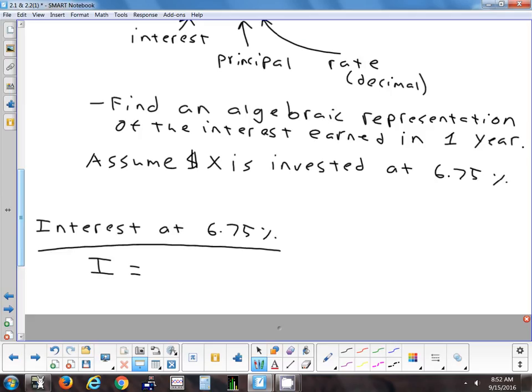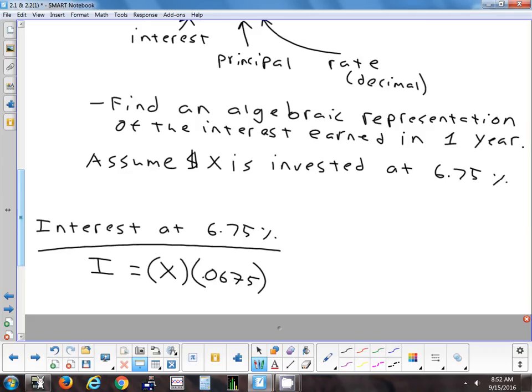The interest Bill is going to earn here is the amount of money invested times the rate times the time. How much money does Bill invest in the 6.75% account? X. Principal? What's the rate in this account as a decimal? Yep, 0.0675. Good.